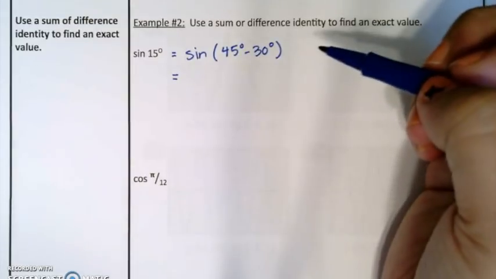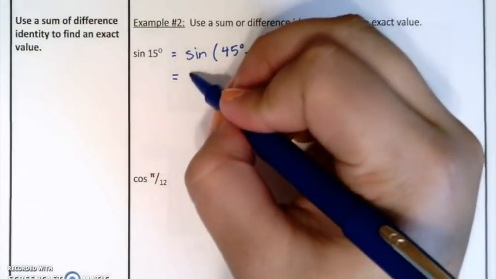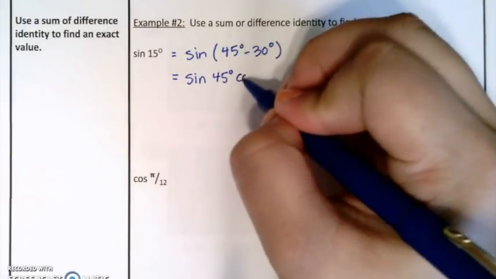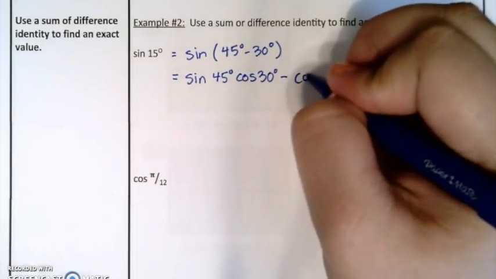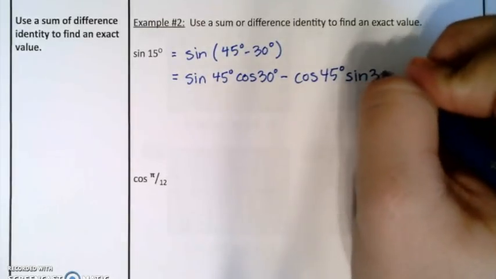From our previous definition, we know that sine of a difference gives us sine of 45 degrees times cosine of 30 degrees minus cosine of 45 degrees times sine of 30 degrees.